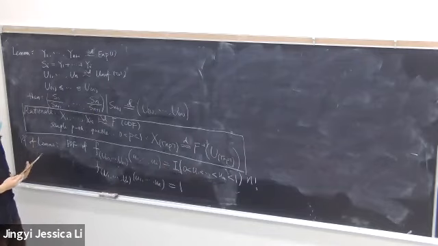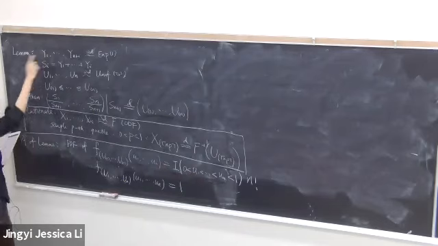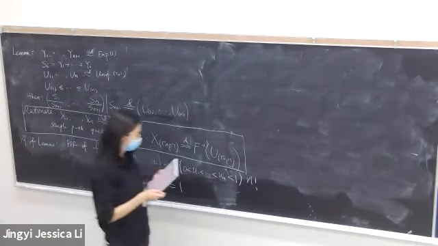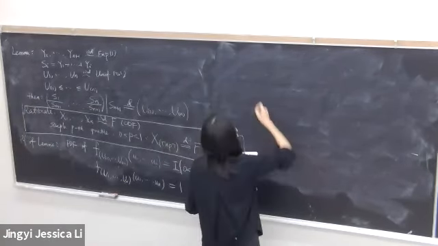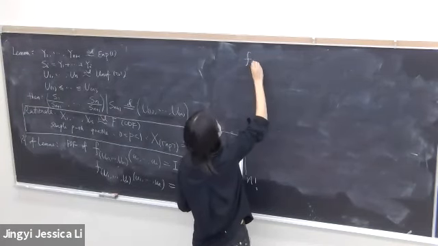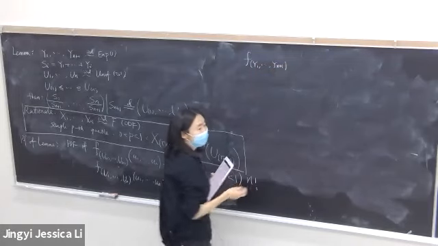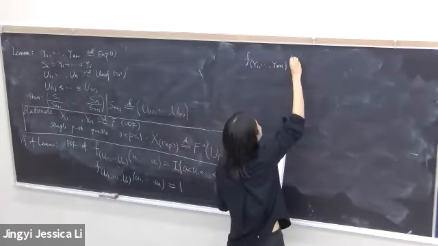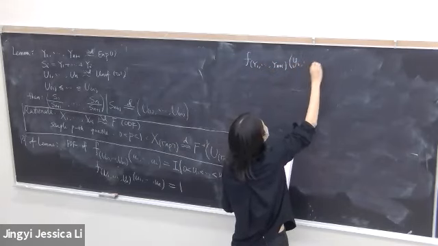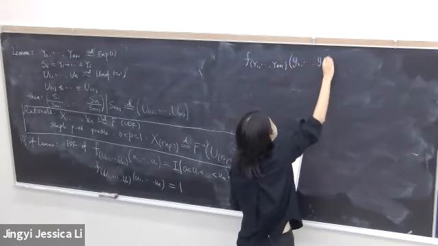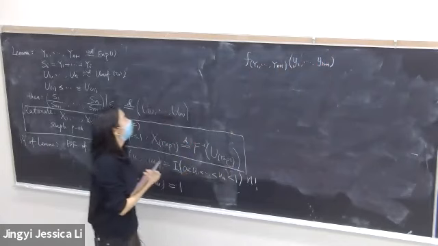Let's first start with exponential 1 IID. Let's first start with the density function of the vector Y1 to Y(n+1), evaluated at y1 to y(n+1).